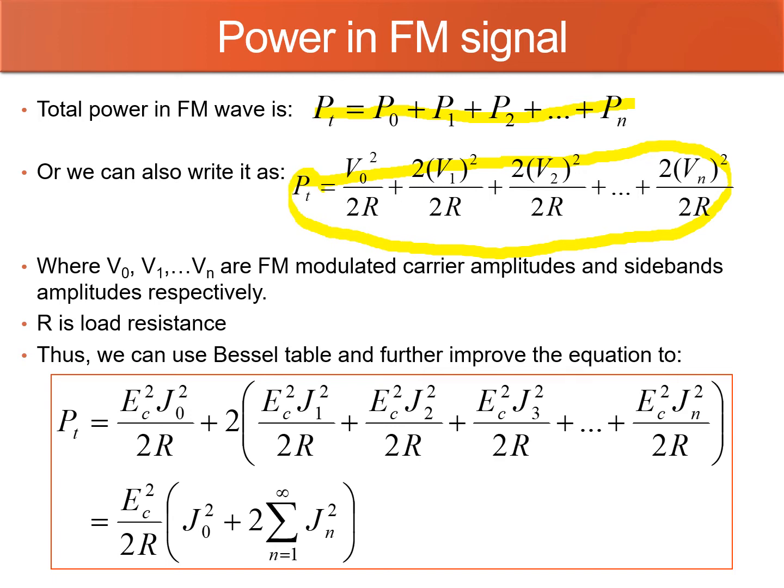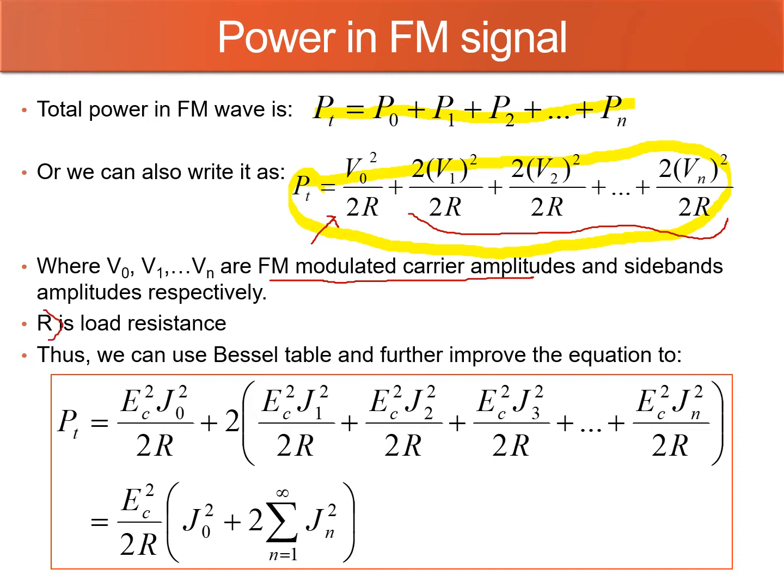so here is the carrier power, which is P naught, the modulated power, and here is the sideband power, where V naught, V1, Vn are the FM modulated carrier amplitude and sideband amplitudes respectively.